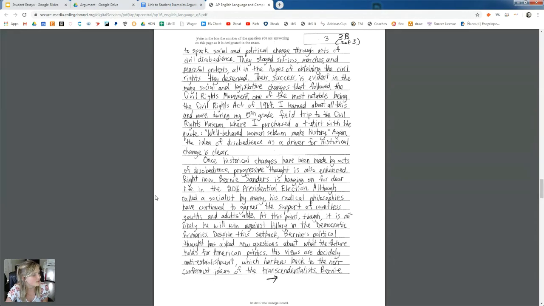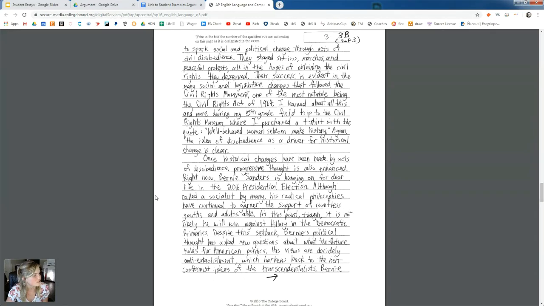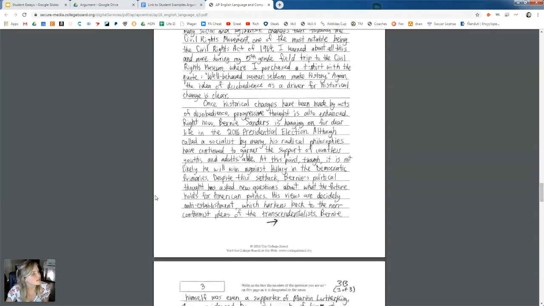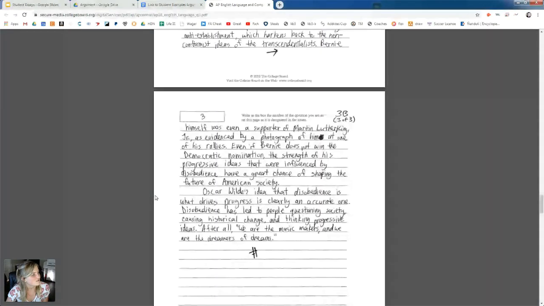Despite the setback, Bernie's political thought has asked new questions about what the future holds for American politics. His views are decidedly anti-establishment, which harkens back to the nonconformist ideas of the transcendentalists. Bernie himself was even a supporter of Martin Luther King Jr., as evidenced by a photograph of him at one of his rallies.